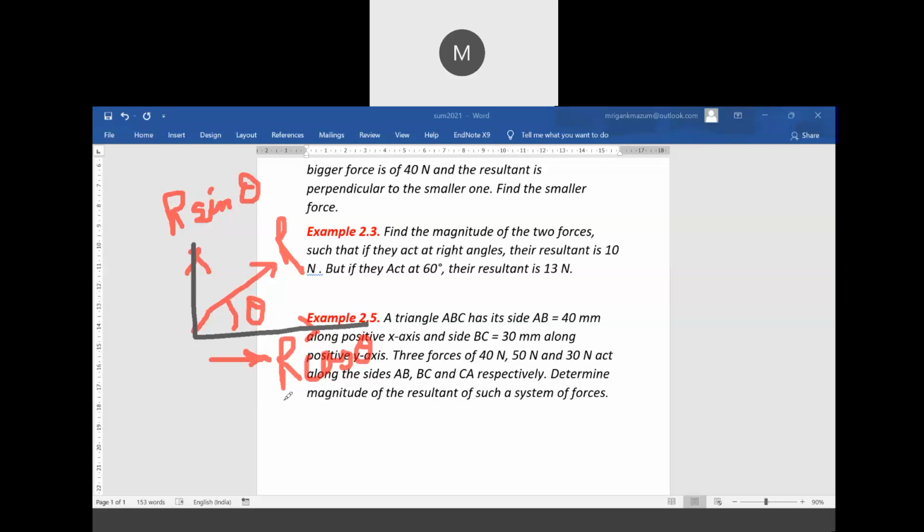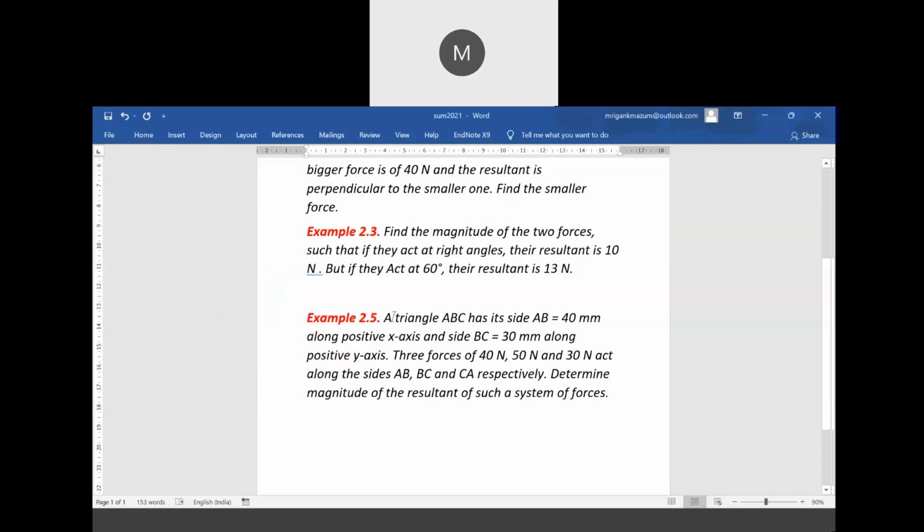Now here for these cases, if you see, the triangle ABC has its sides 40, 30. Means what? The diagram will look somewhat like this, along the positive y-axis and positive x-axis.